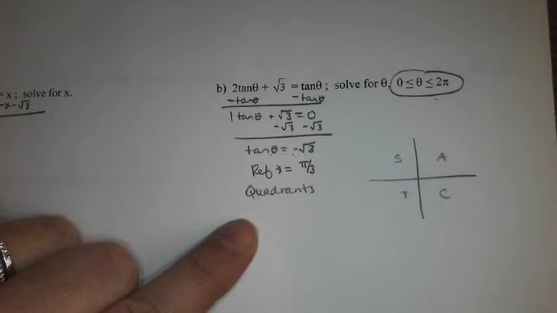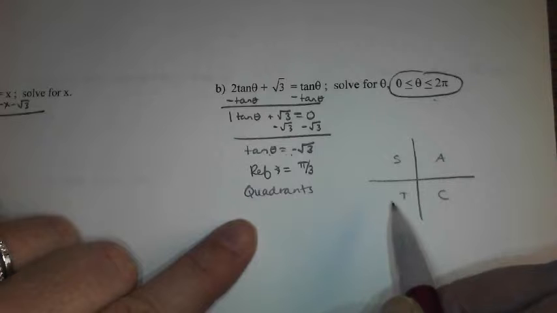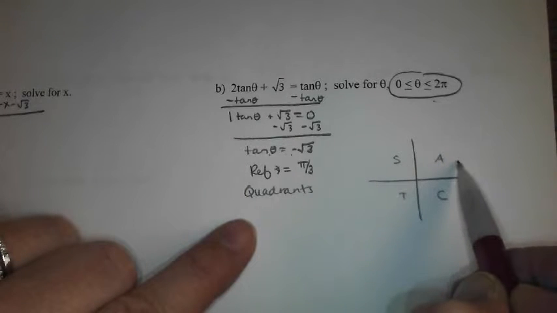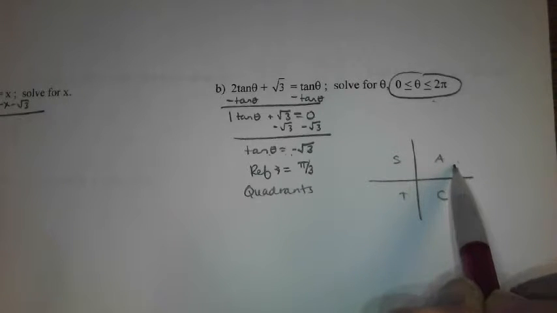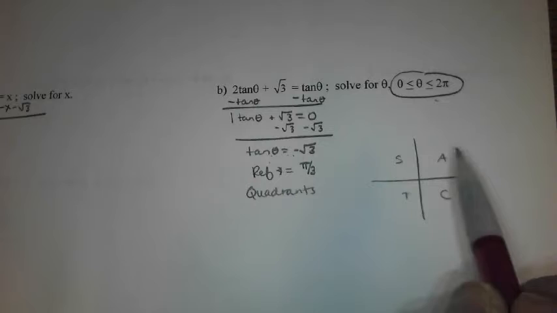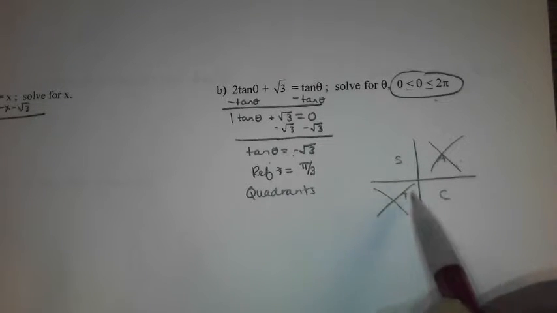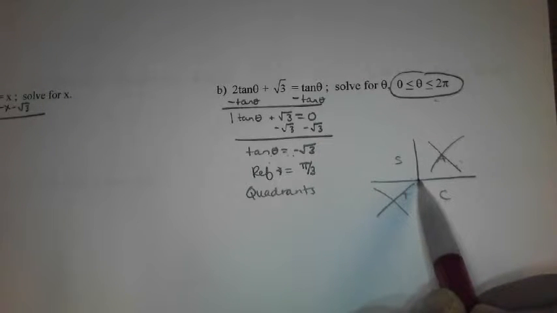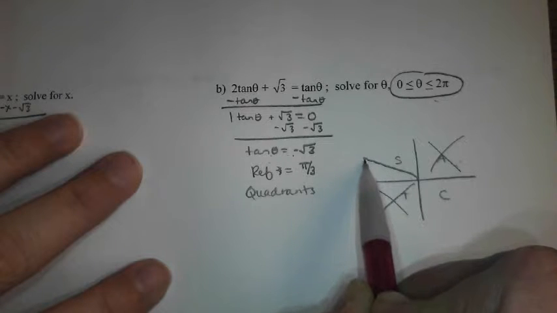So what quadrants are we looking at when tangent is negative? Did you say 1 and 2? Everything's positive in the first quadrant. So if we're looking for where tangent will be negative, that's out, and that's out, because tangent's positive there. It's 2 and 4. So what is the angle that has a reference of pi over 3 in this second quadrant?